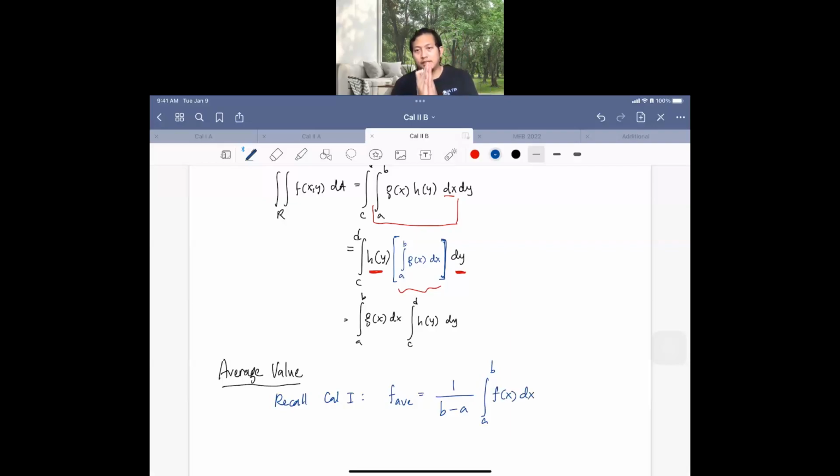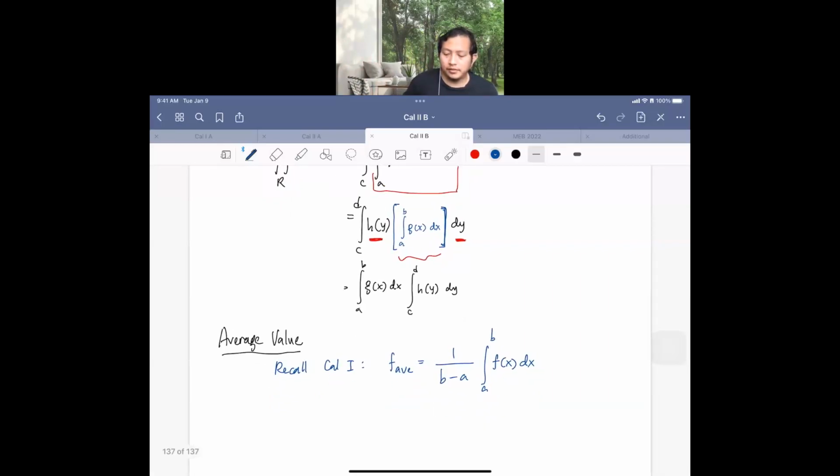It's pretty much saying that it's a value between the maximum and the minimum value of the function.